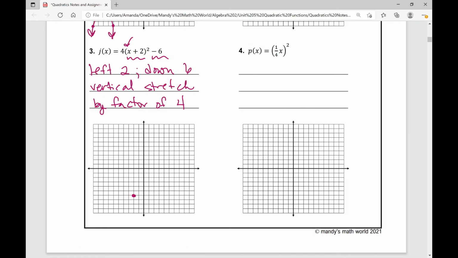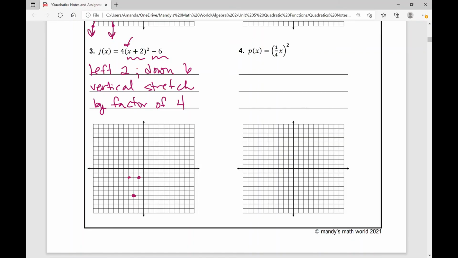That vertex is going to be a minimum value. But because I've got a vertical stretch going on, instead of going out 1, up 1, I'm now going to stretch that, and I'm going to go out 1, up 1, 2, 3, 4. And instead of out 2, up 4, those y values are going to be stretched by a factor of 4. So it would go out 2, up 16.